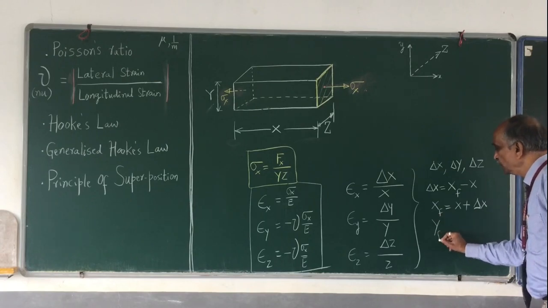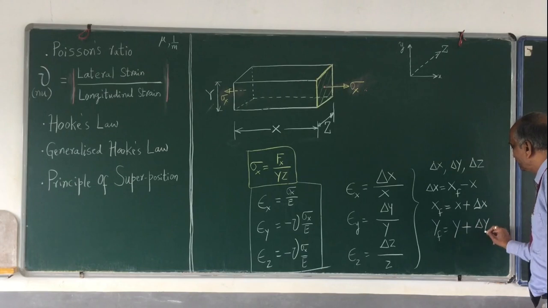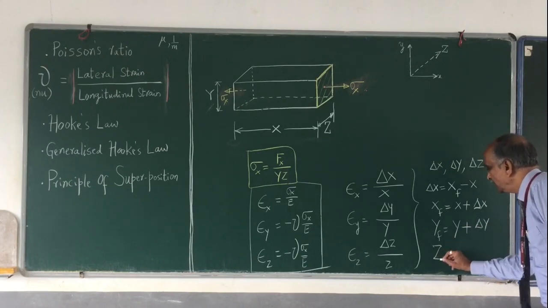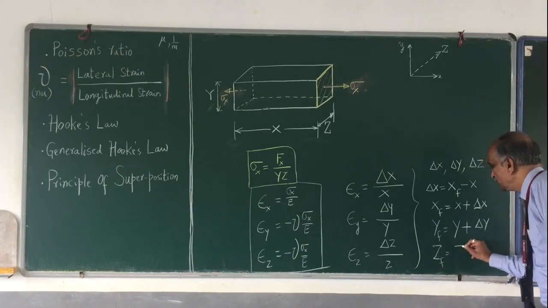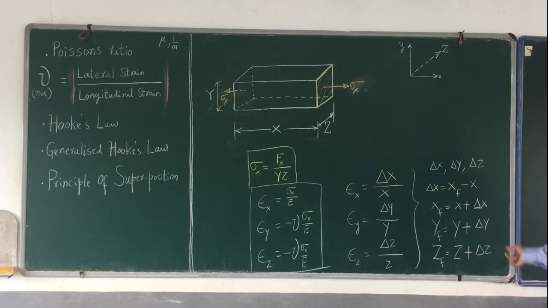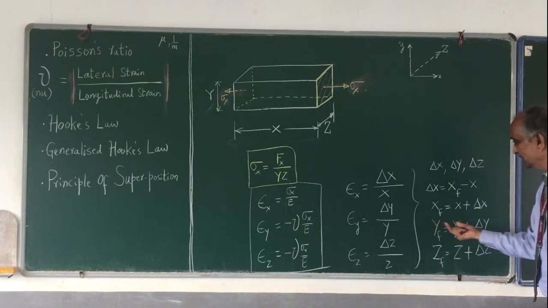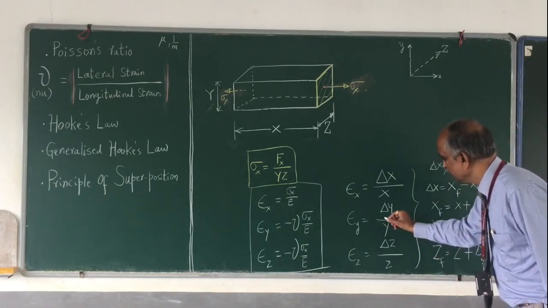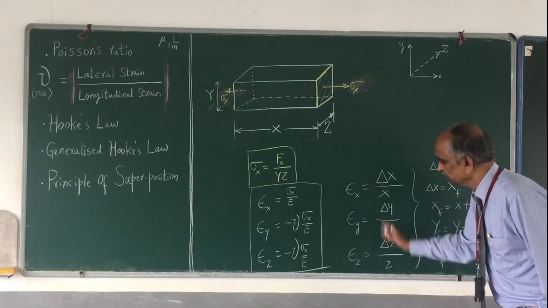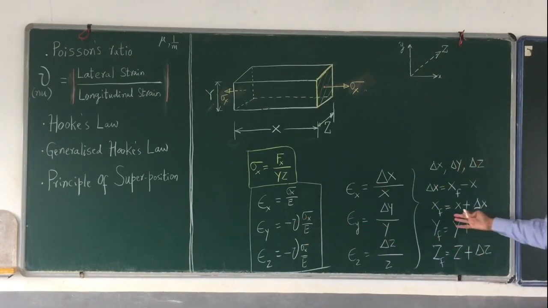Similarly, yf is equal to y plus delta y, and similarly zf, the final dimension, is equal to z plus delta z. Now delta y, as it appears, is going to be negative. I forgot to put it here, but no problem, epsilon y is already negative. Delta y and delta z are going to be negative.